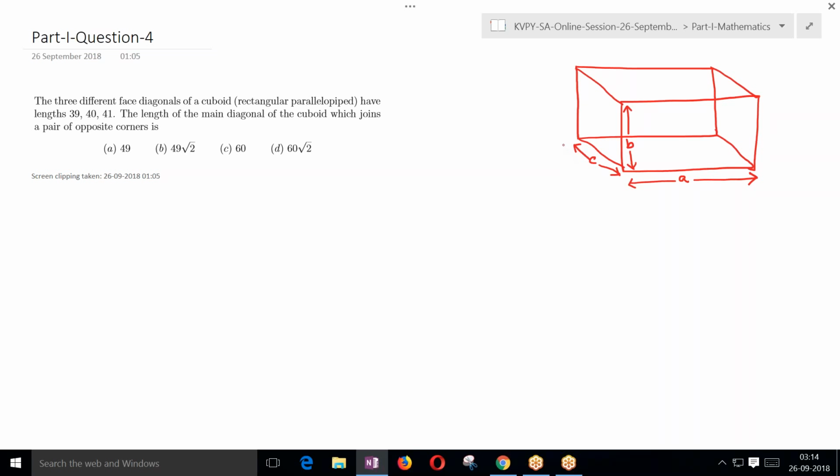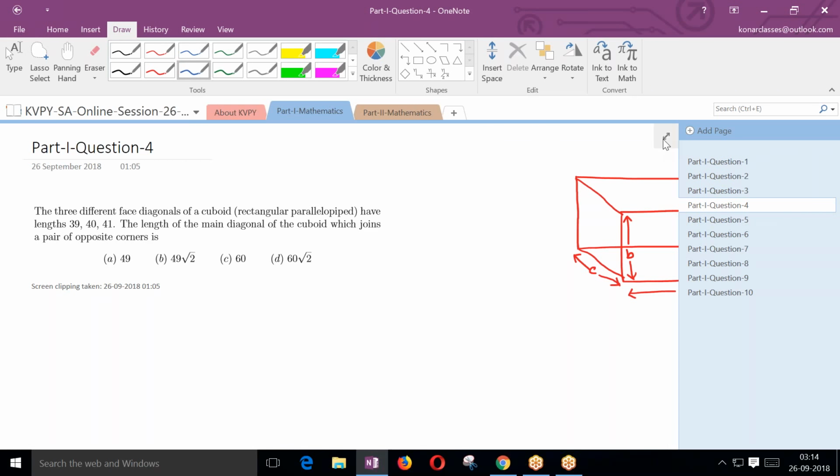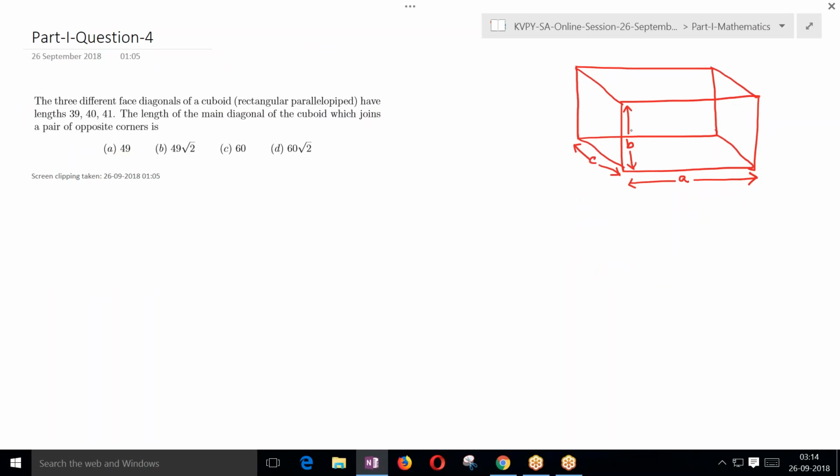What are the face diagonals? If I draw it in a different color, these are the face diagonals. One face diagonal is this one, which I drew in blue color. Another face diagonal is this one, and another face diagonal is this one.